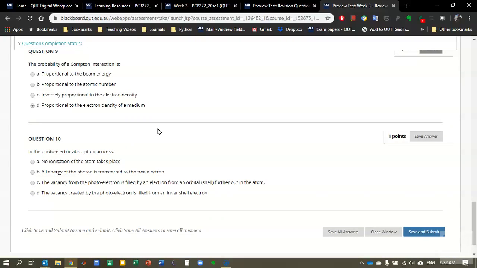Yeah, so it depends on the density of the electrons. The more electrons there are per unit volume, the more likely it is we're going to get Compton interaction. Okay, there's little or no dependence on atomic number.